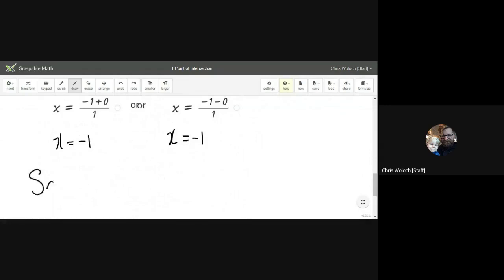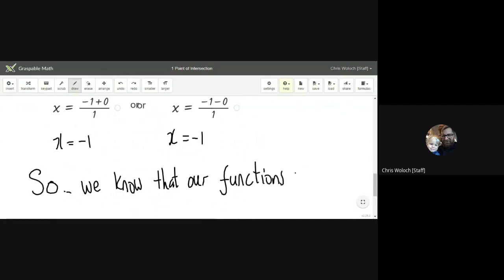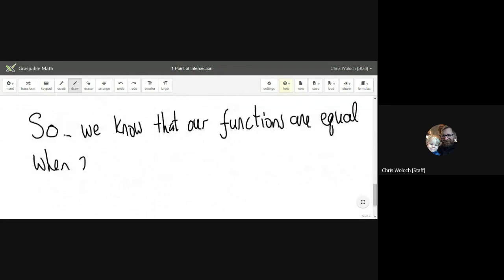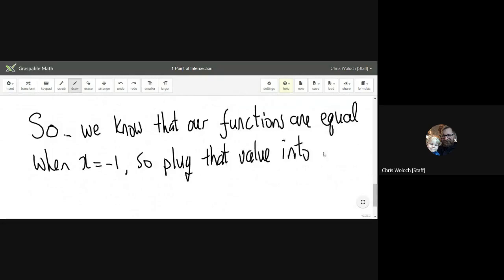So now we know that our functions are equal when x equals -1. So plug that value into f of x or g of x.